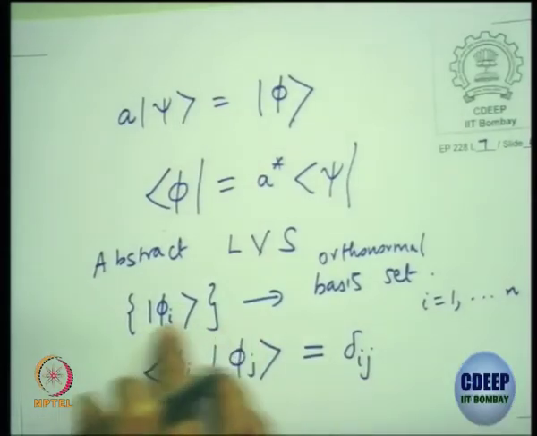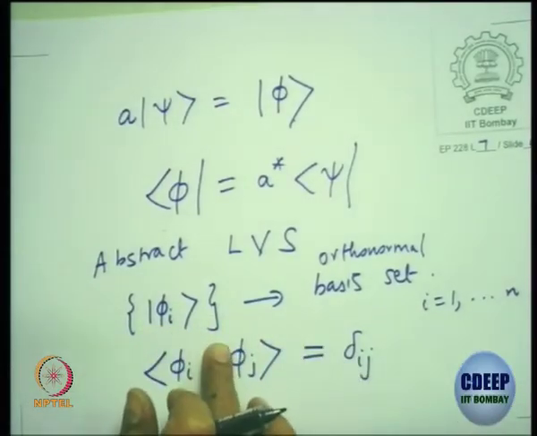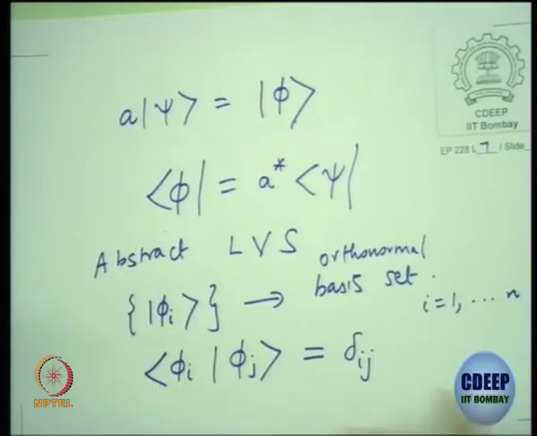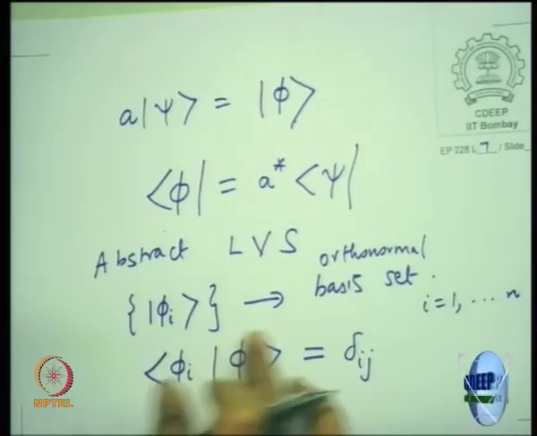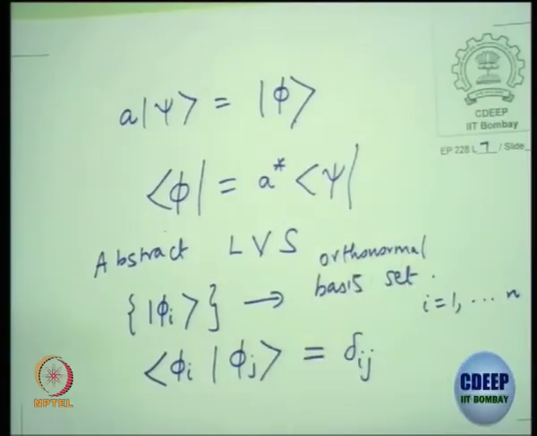If n is finite, then it is an n-dimensional vector space, or you can have an infinite dimensional vector space. Here we have taken it to be a discretized index, that could also be a continuum. So many possibilities are there.